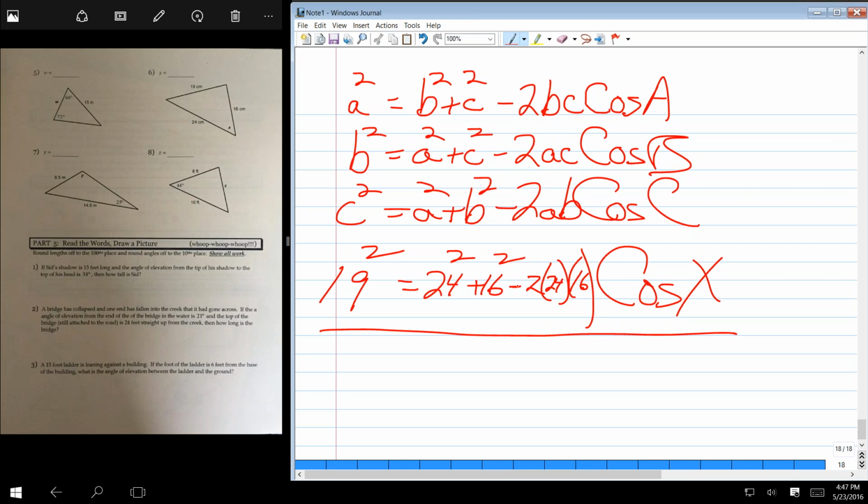Do it step by step. 24 squared? 576. 16 squared? 256. 2 times 24 times 16? 768.